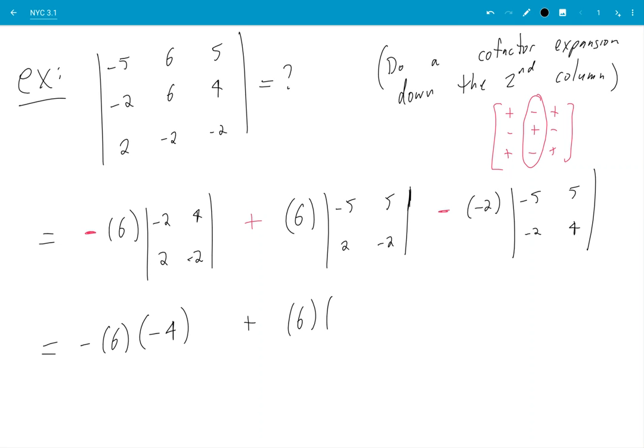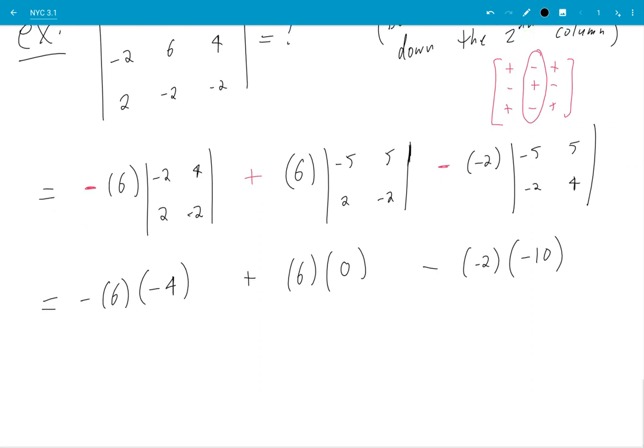Plus 6. 10 minus 10 is 0. -2. -20 plus 10, yes. So we get 24 - 20. And we get, as expected, 4 again.